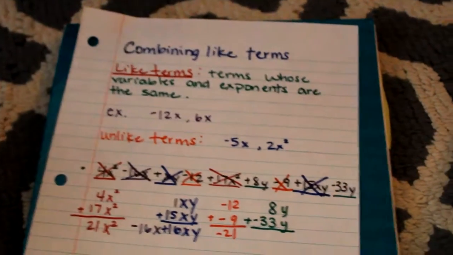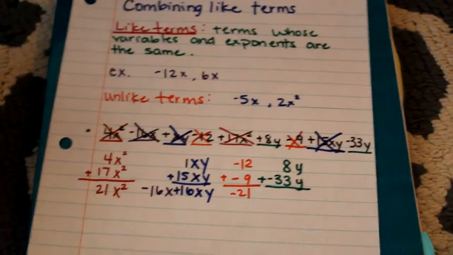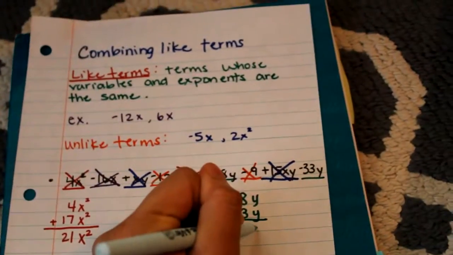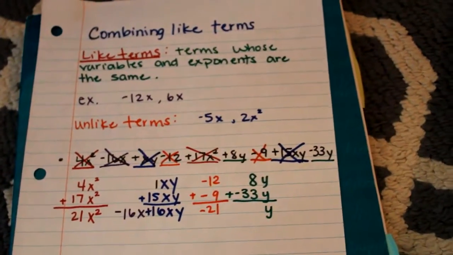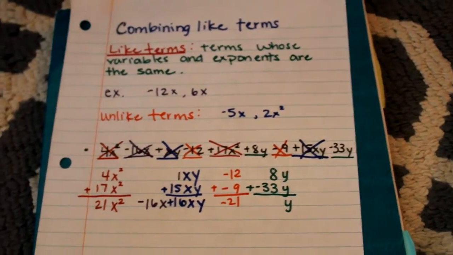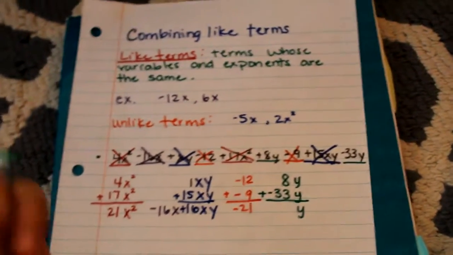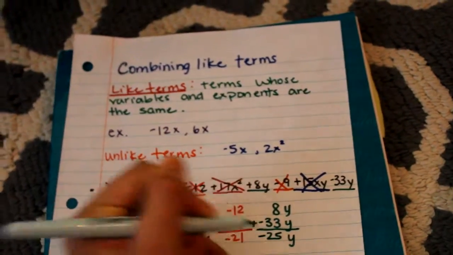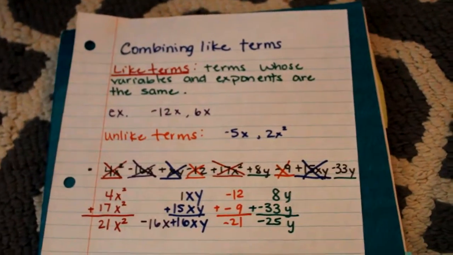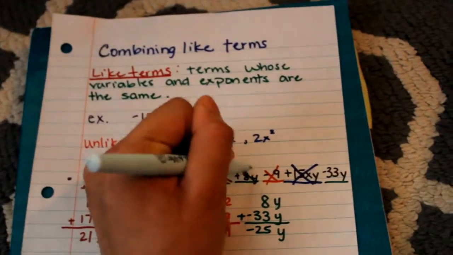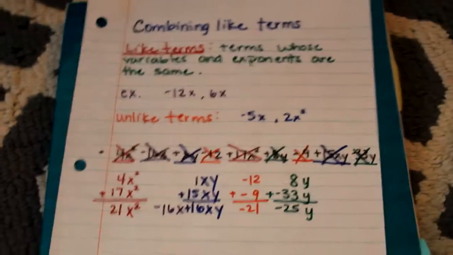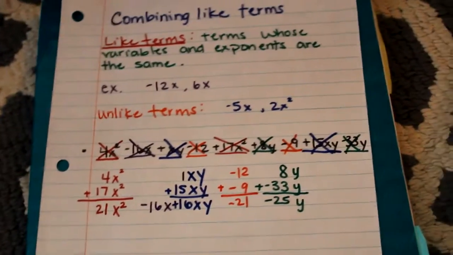So we get 8y plus a negative 33. Remember that the y stays the same. Bring that down. So 8 plus a negative 33, we get negative 25. Okay, we cross out the terms that we've used up, and then we see that there are no more terms.